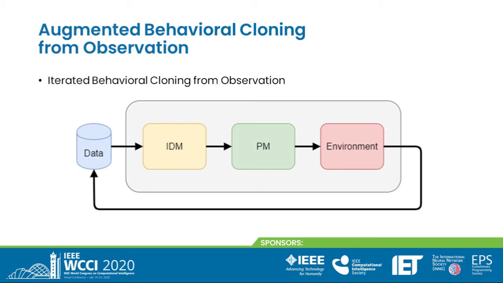In order to deal with these problems, we create a model that iteratively improves over ABCO via a sampling method that weights how much the IDM should learn from pre-demonstrations and post-demonstrations. Unlike the work proposed by Torabi, which uses only pre-demonstrations to train the IDM, our work updates its pre-demonstration data in every iteration.